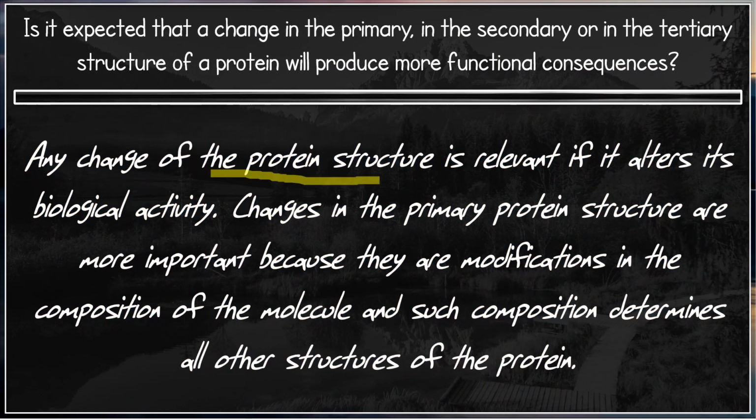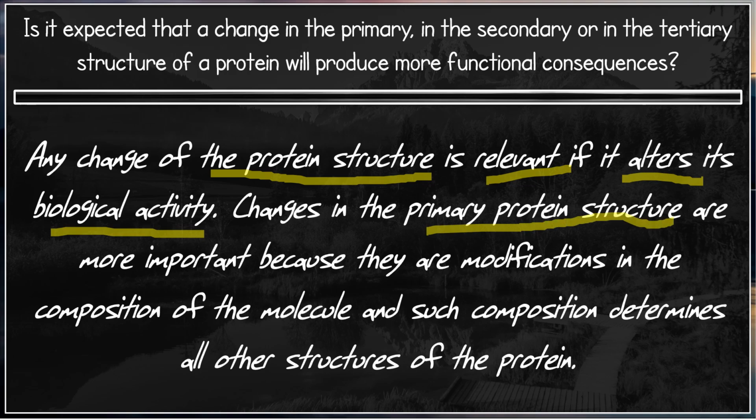Any change in the protein structure is relevant if it alters its biological activity. Changes in primary protein structure are more important because they are modifications in the composition of the molecule, and such composition determines the other structures of the protein.